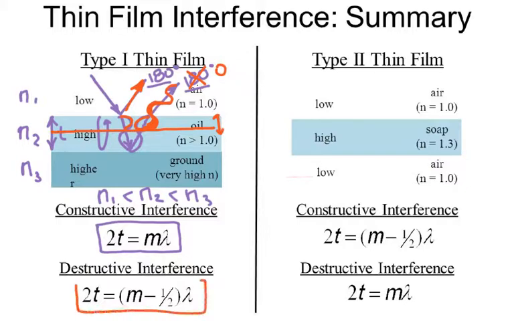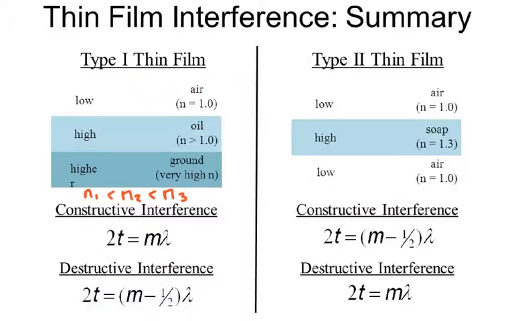So for this one, twice the there and back length is equal to m minus 1/2 of the wavelength, because here you only see 1/2 of the wavelength fitting in. And m has to be 1, 2, and so on, so 1 full wavelength, 2 full wavelengths. Here it's 1/2 wavelength shorter.